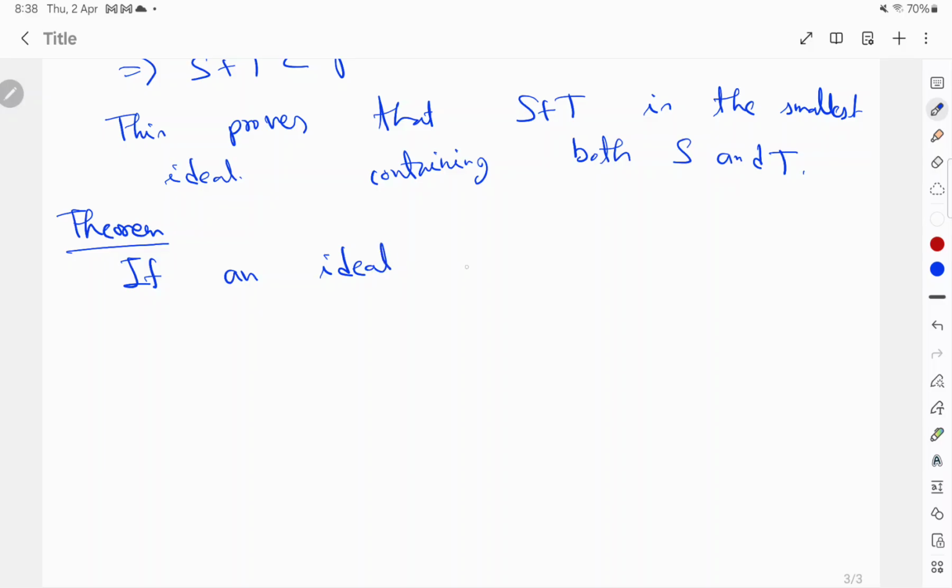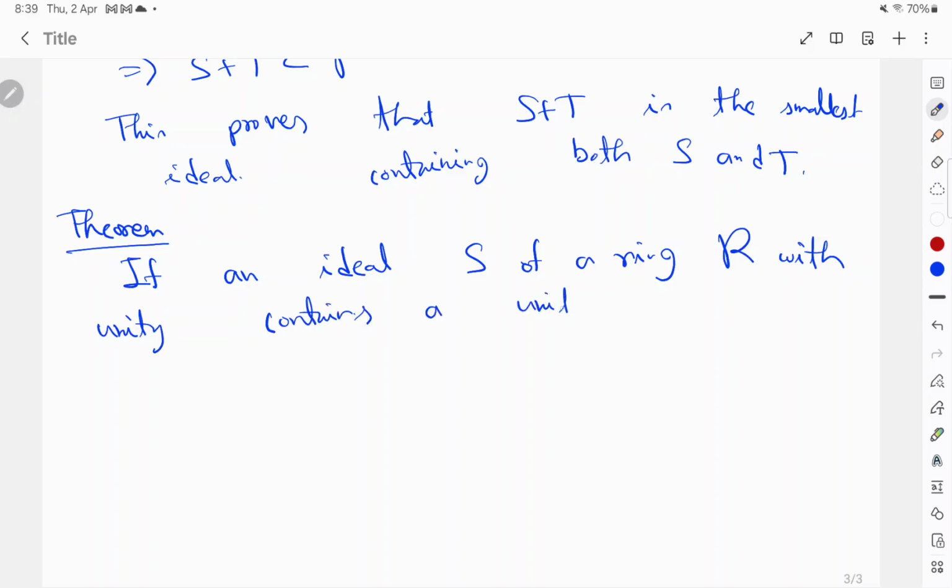If an ideal S of a ring R with unity contains a unit of R, then S equals R. Okay, so this unit sense is actually: if your element is a unit, like A is a unit, then A·A inverse, that means your one belongs to that set, right?